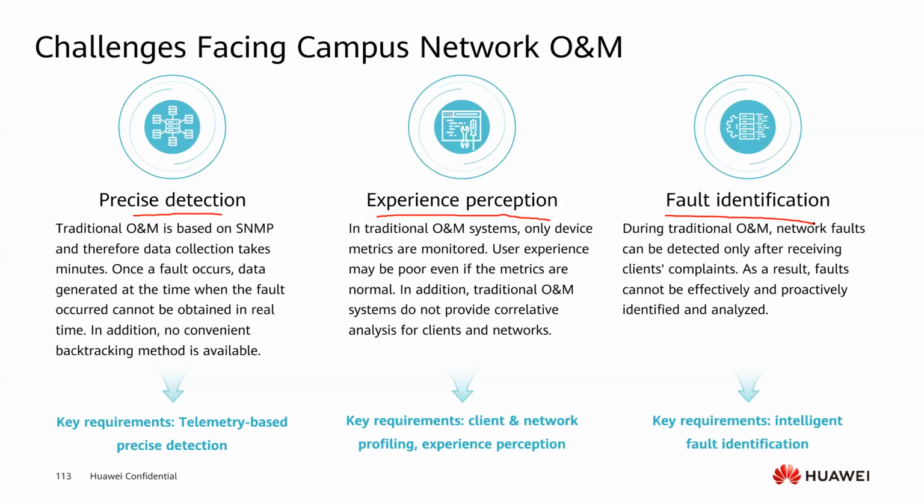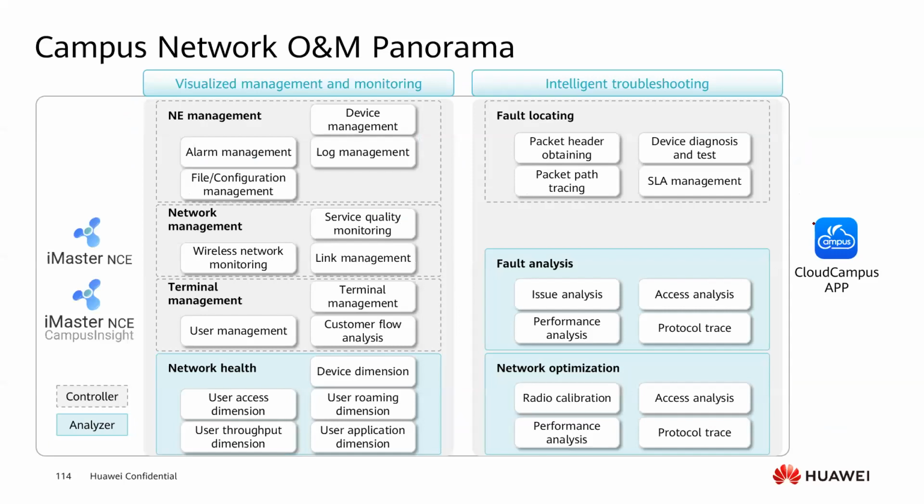All of this will be achieved by the Cloud Campus solution. The Cloud Campus solution uses the controller with the analyzer and also the Cloud Campus app to provide a lot of functions for the operation and maintenance staff, such as network element management, network management such as link management, terminal management, and fault locating.